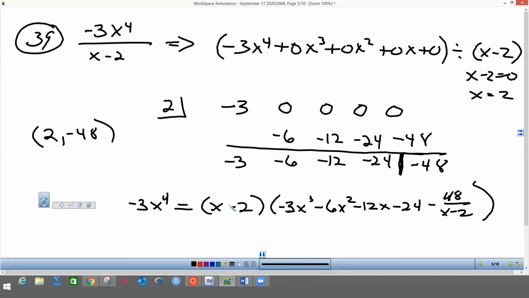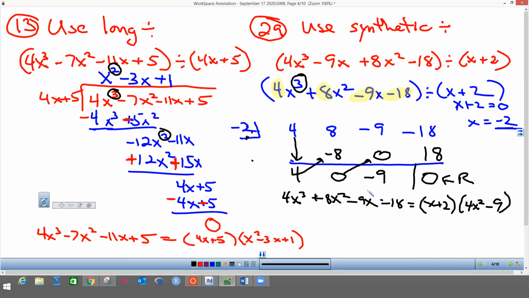Now this is not a 0. The other two, just to go back and show you, that means negative 2 is a 0 if I were to graph this, 4x cubed plus 8x squared minus 9x minus 18. So if I were graphing this at negative 2, it would go across the x-axis.